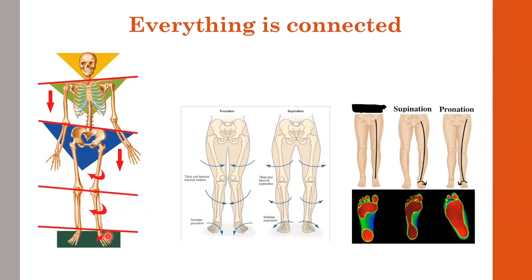This lateral translation will cause abnormalities in the foot area. In this case, we'll probably see a pes planus, or a flat foot. And this is a result of the collapse of the arch that we see about the foot.